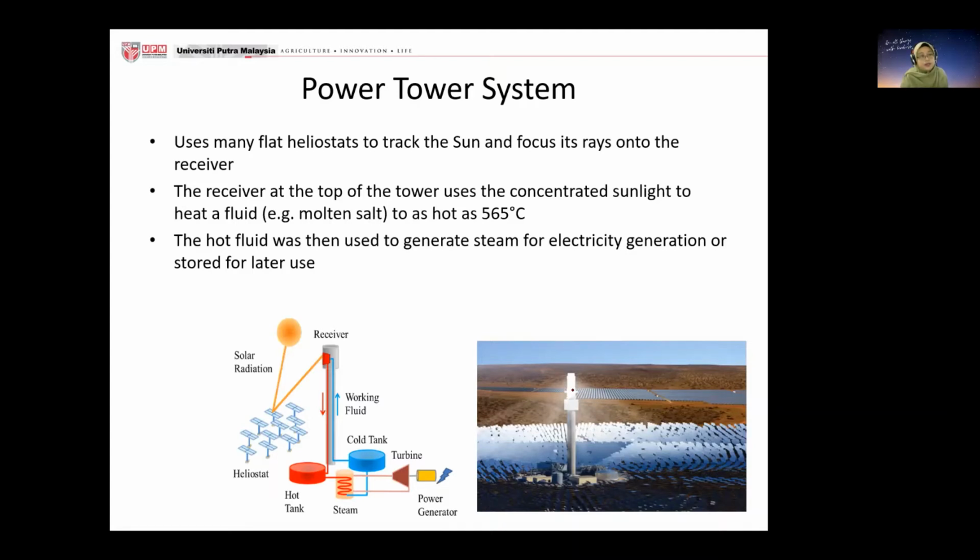Using the same concept as before, you have concentrated sunlight, which is very, very hot, so you can use that to heat the fluid. Usually in this type of system they use molten salt, and the fluid will be heated to as hot as 565 degrees Celsius, and then the hot fluid is used to generate steam for electricity generation.